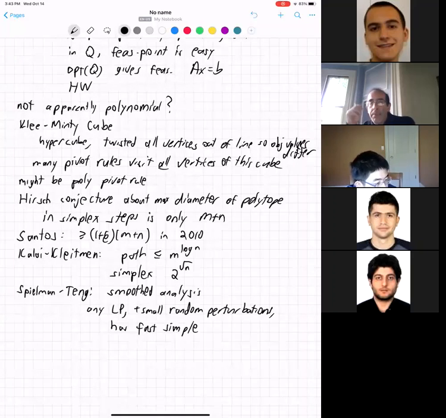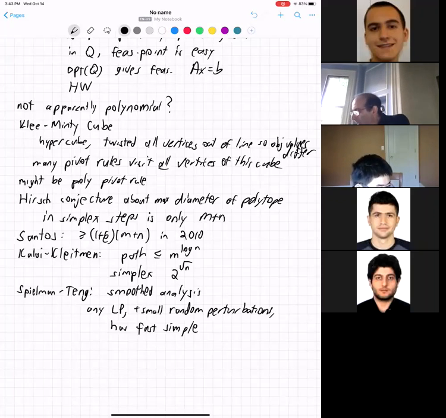So there might be some really pathological LP problems where simplex is slow, but if you just jitter it a little bit, you get one where simplex is fast. Excuse me, what is the pivoting rule for this? I don't remember. I think pretty much any pivoting rule works in that case.